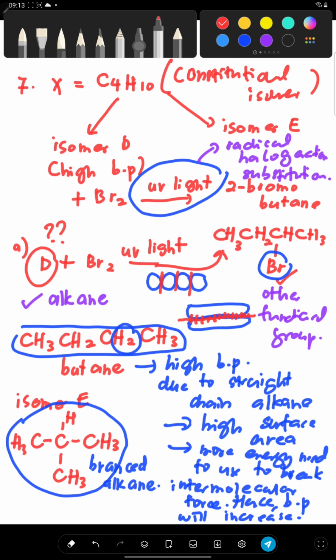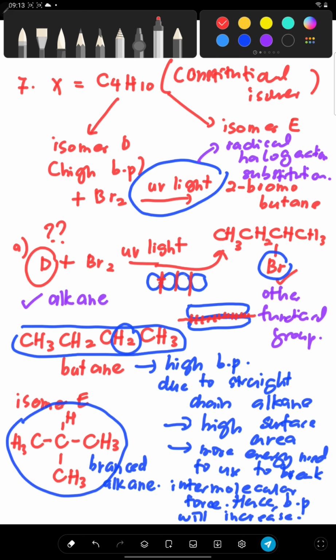So it has more intermolecular forces, so it needs more energy to break the bond between these molecules compared to the branch alkane, which is in the form of sphere. So the connection between the sphere and the sphere is much less.